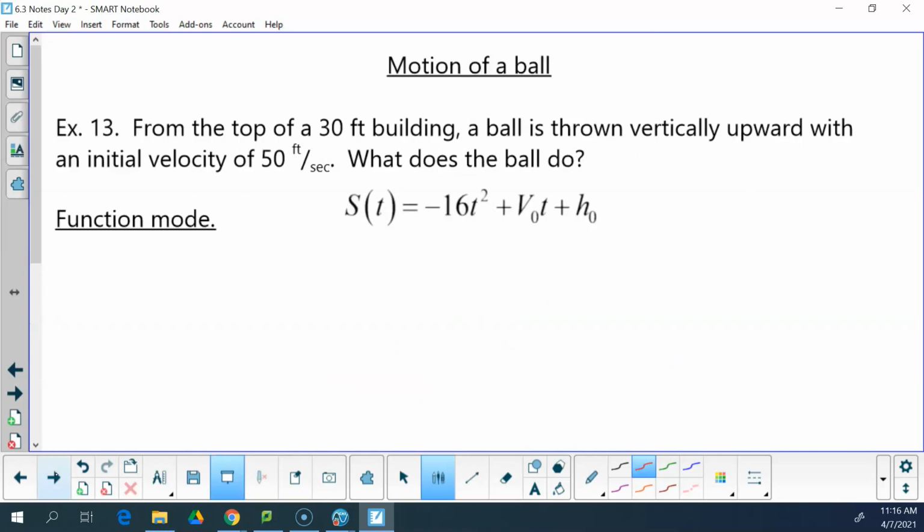Next example says from the top of a 30-foot building. So from the top of Wausau West. You go up there and you take this softball and you throw it vertically upwards with an initial velocity of 50 feet per second. So launch it straight up vertically perfectly, 50 feet per second. What's going to happen to this ball?